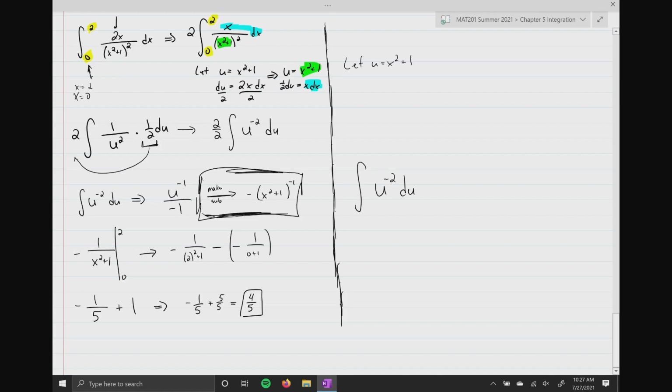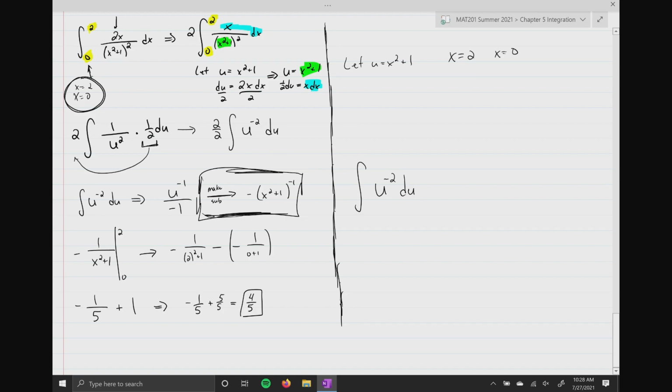Well, if we wanted to, as soon as you make that substitution, you can actually change the limits of integration as well. Remember, the limits of integration in this problem, 0 to 2, pertain to x equals 2 and x equals 0. Well, why not just figure that out? In other words, what I'm saying here is to do this.